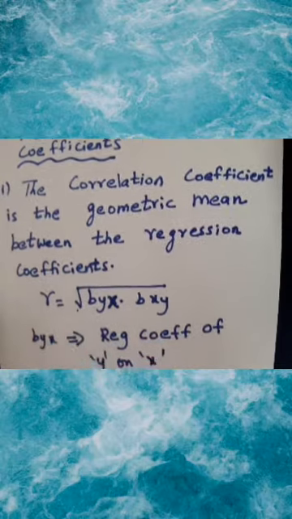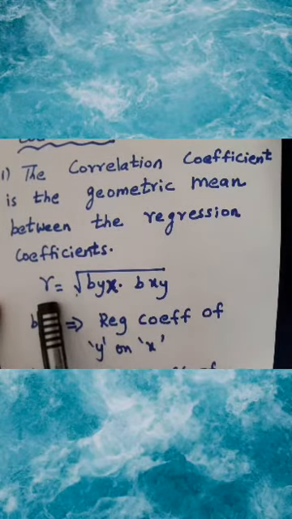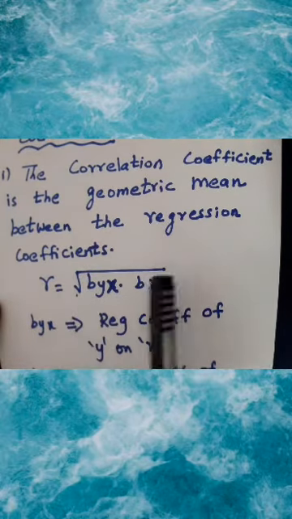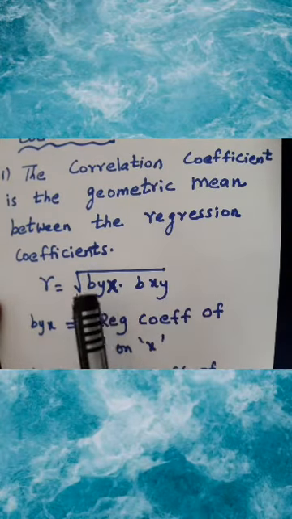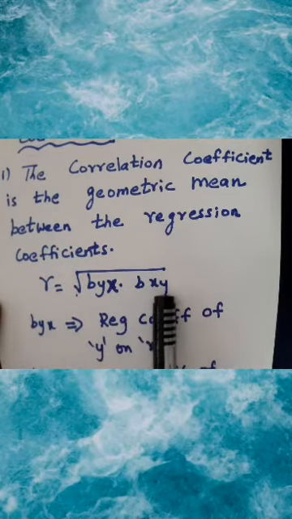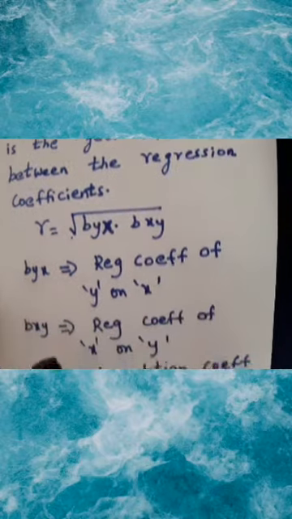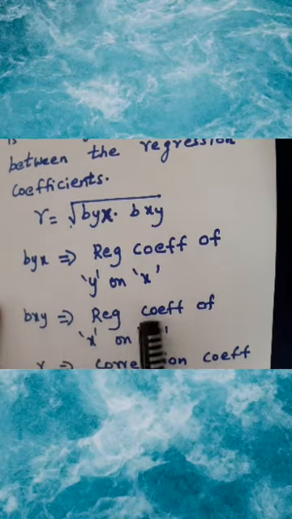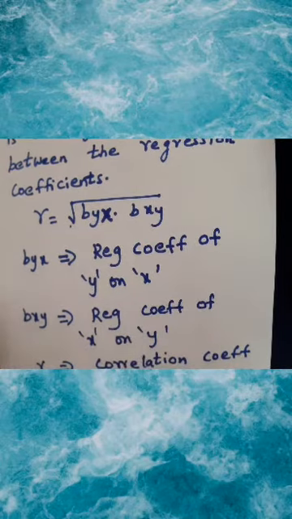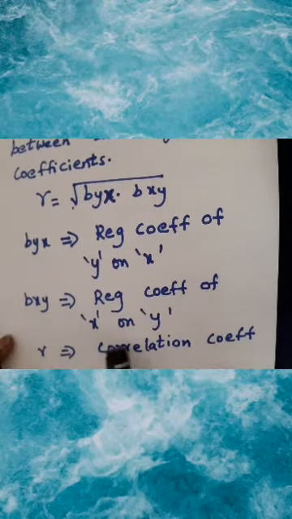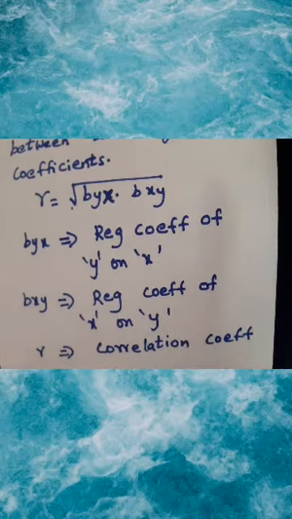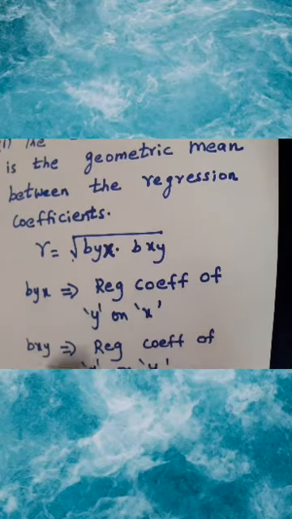What is the correlation coefficient? r stands for correlation coefficient, which is equal to the square root of the product of byx times bxy, which is nothing but the geometric mean. byx is the regression coefficient of y on x, and bxy is the regression coefficient of x on y, where r is the correlation coefficient. This is the relation they have obtained.